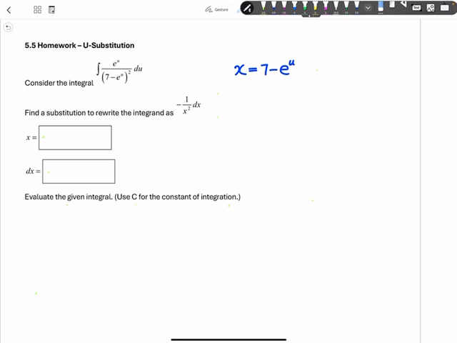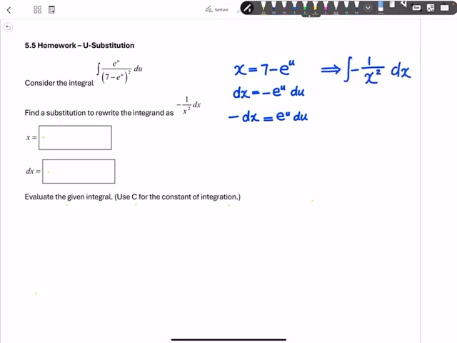So if x is equal to 7 minus e to the u, it then immediately follows that the differential dx is equal to negative e to the u du. And in this problem, I would like to give e to the u du as a quantity in terms of x. So negative dx is equal to e to the u du.